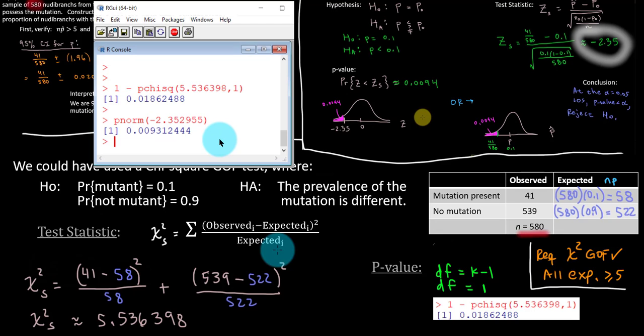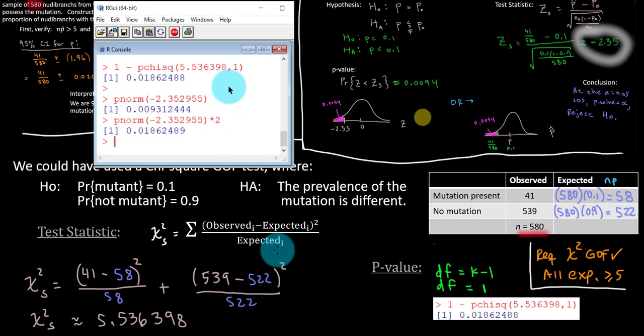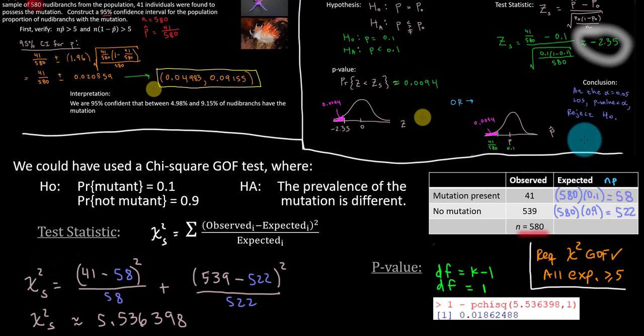However, if we do double this p-value, as if this was a two-tailed or non-directional test, then the p-values of the goodness of fit test and the proportion test would be in agreement. I won't restate the entire conclusion here, because that's in the previous video, but since the p-value is low, we reject the null hypothesis.